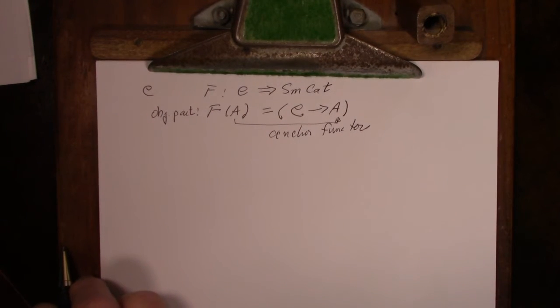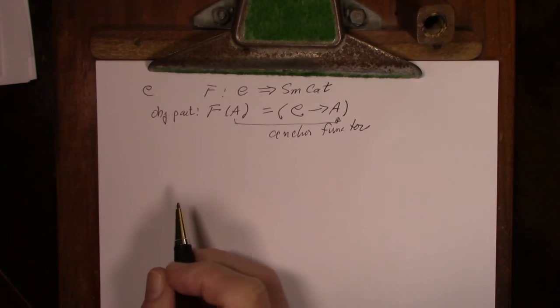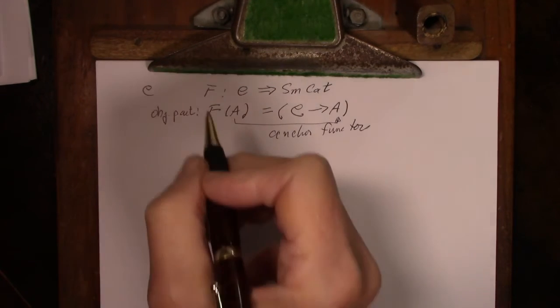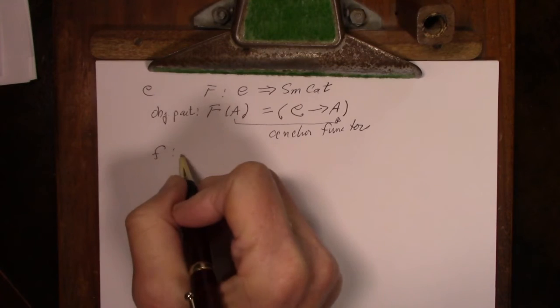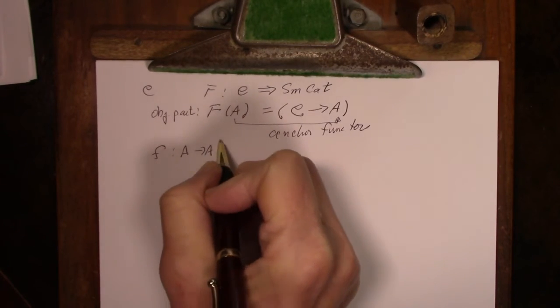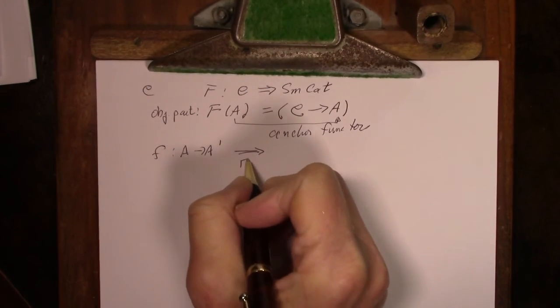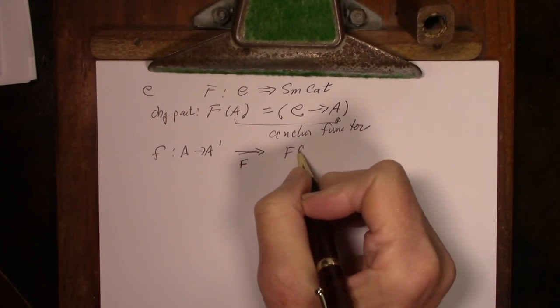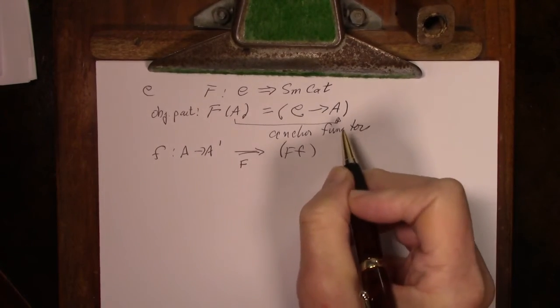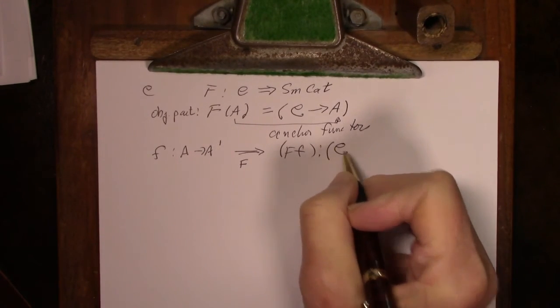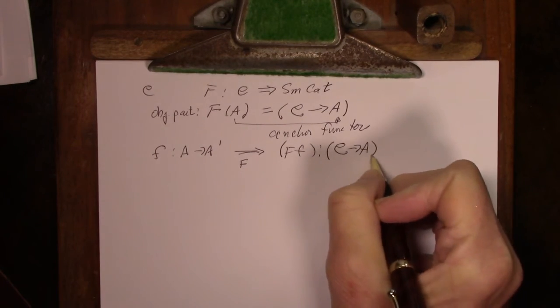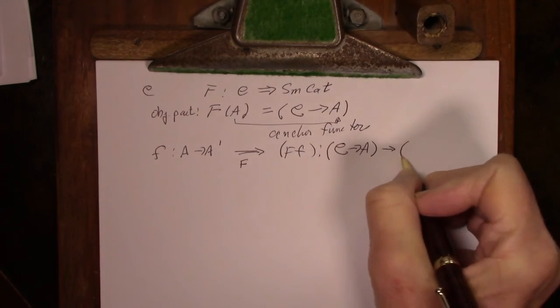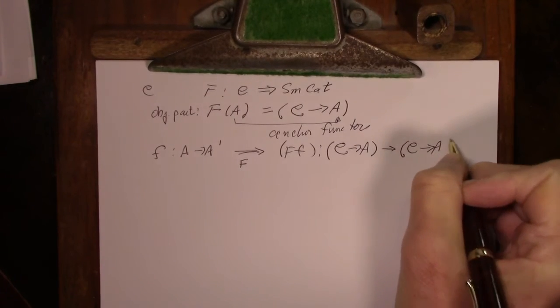Okay. The real issue is what happens to a morphism. So if we have a morphism f from A to A prime, that has to get sent to a morphism from the comma category C into A to the comma category C into A prime.